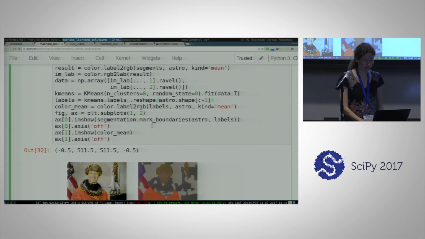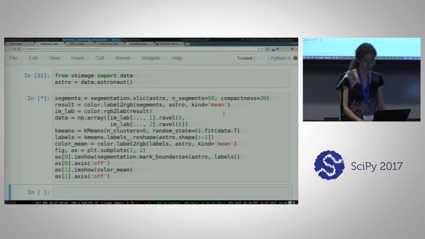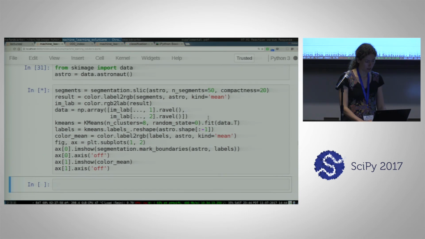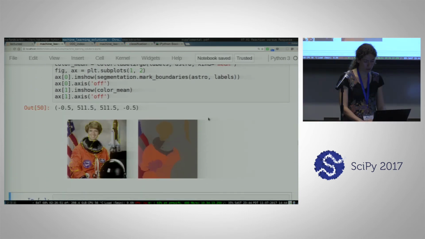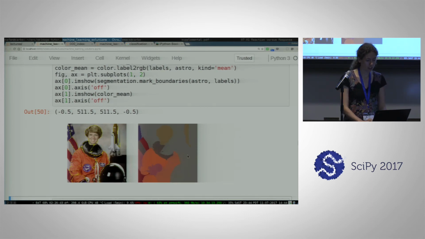And so what's interesting, for example, is that if you put a small number of segments, then the solution is not very good, because you don't have enough patches to follow complex edges that you might have in your image.